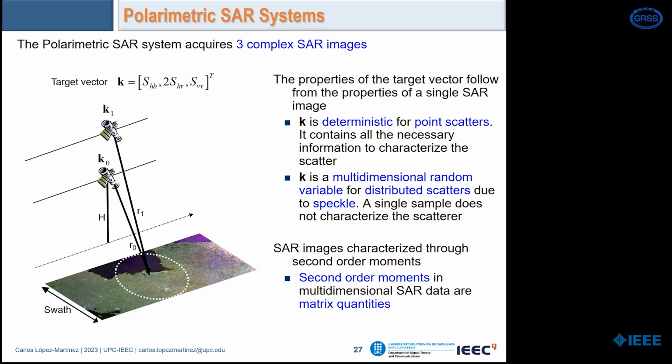If the target is a point target, the vector K is deterministic, so this K vector contains all the information to characterize the target. If we have a distributed target, with partially or totally developed speckle, and a partially polarized wave, then K is a random vector because each of the components is random.